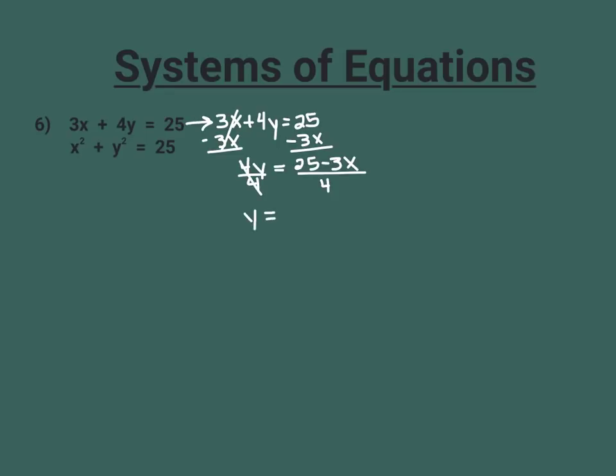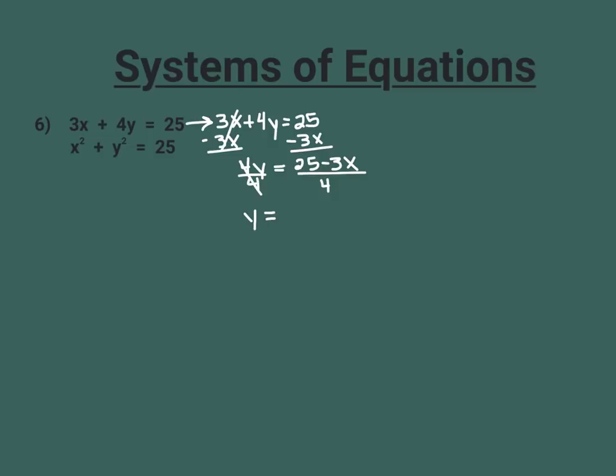Now, this is personal preference. You can leave this as 25 fourths minus 3x over 4, as one big fraction. But if you get terminating decimals, I find most students in this course prefer the decimal.